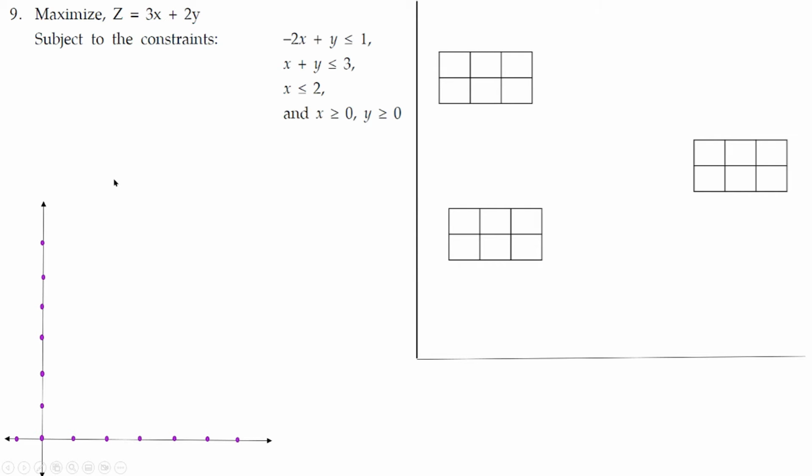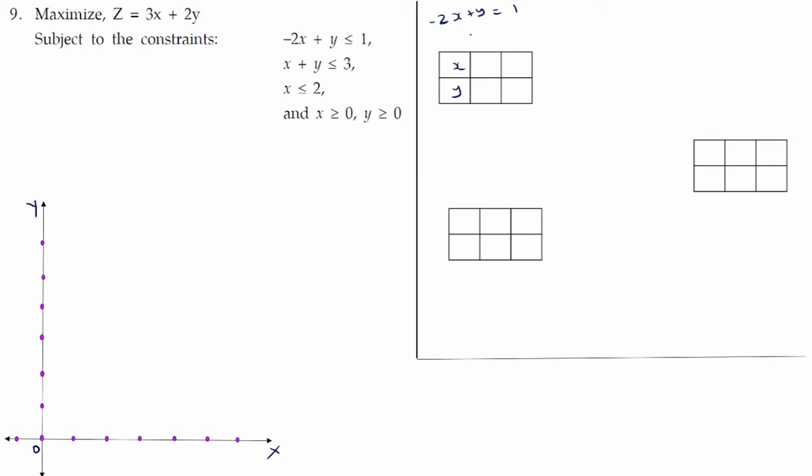So let us draw the x-axis and the y-axis on the graph sheet, and now let us find the region corresponding to each of these inequalities. The first inequality is minus 2x plus y less than or equal to 1. To find the region for this inequality, let us draw the line minus 2x plus y equal to 1.